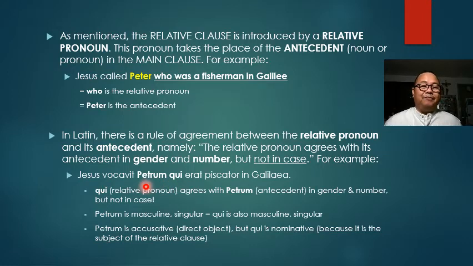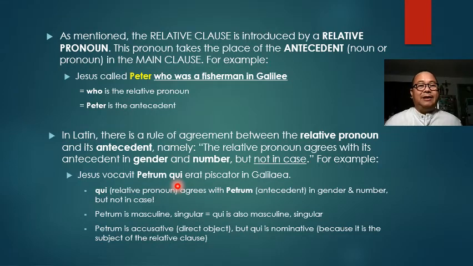But, as we will see, qui does not agree with Petrum in case. Petrum, as direct object, is accusative case. And qui, as the subject of the relative clause, is nominative case.